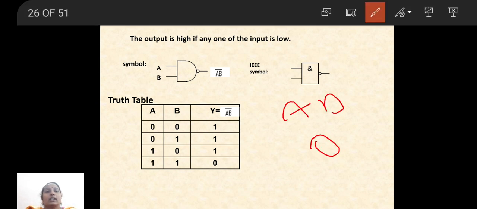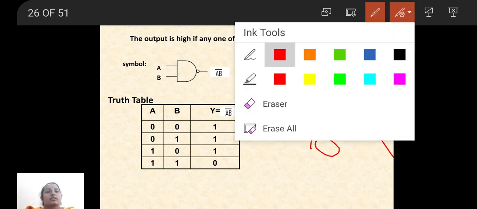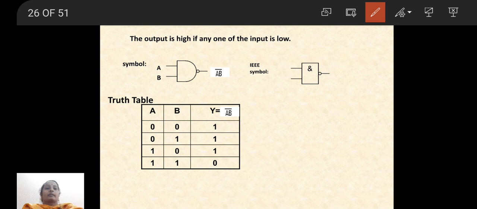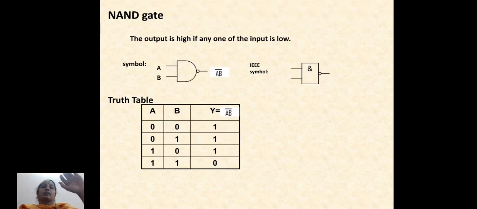But here we want AB bar. AB bar means 1. So in this way, the truth table will give the relationship between the variables. Here the output of NAND gate is exactly the complement of AND gate.